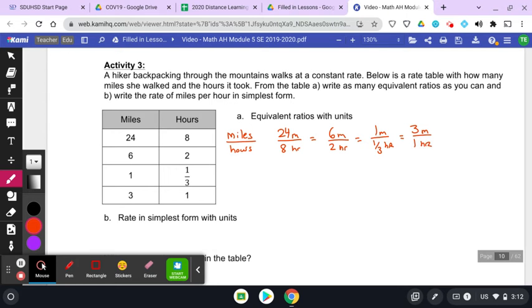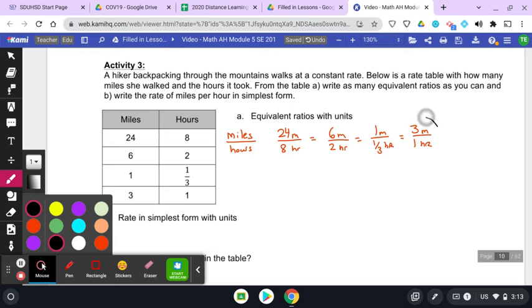Okay, now these are all equivalent because 24 divided by 8 is 3, 6 divided by 2 is 3, 1 divided by a third is 3, and 3 divided by 1 is 3. But the easiest one to read, or the simplest form, or the unit rate, is 3 miles per hour.